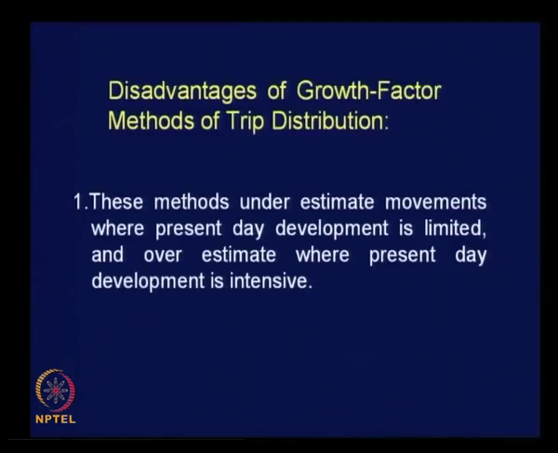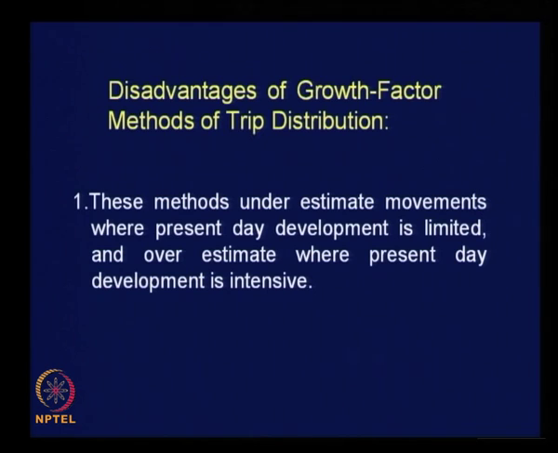It may not be true. The zones might grow faster and the interchanges may be quite different from the base year trip interchanges. So these possible changes are not taken into account in the growth factor method because we are simply manipulating the base year matrix.